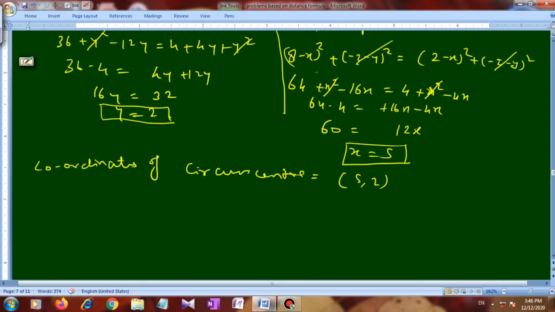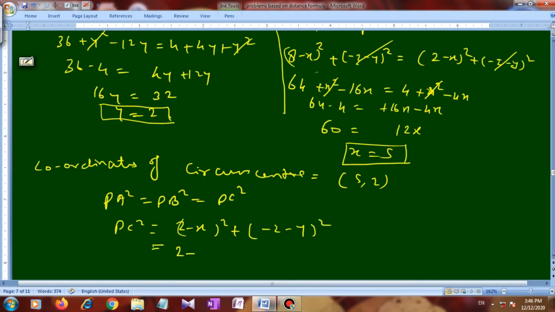So the radius is PA square or PB square or PC square. Clear? So PC square is how much? PC square is (2 minus x) whole square plus (minus 2 minus y) whole square. So putting the values of x and y, 2 minus 5 whole square plus (minus 2 minus 2) whole square.